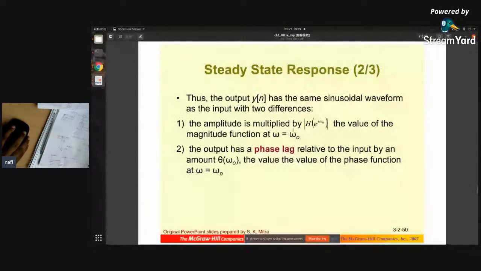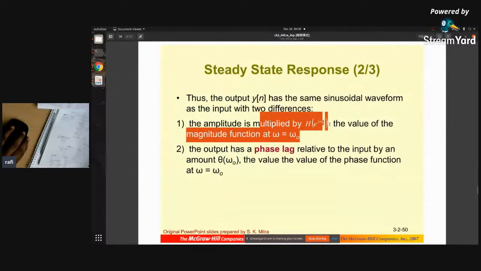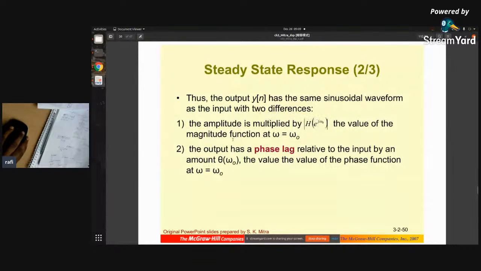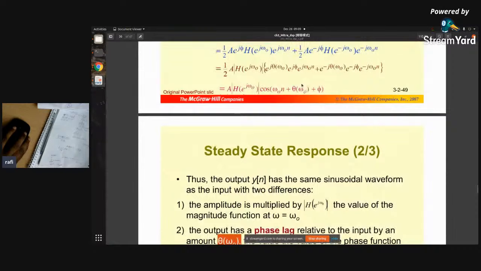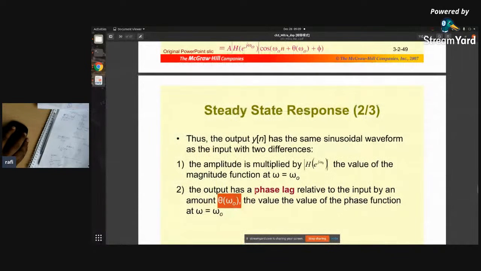So y of n has the same sinusoidal waveform. The amplitude will get multiplied with mod h of j omega at omega equal to omega naught, for a particular omega naught, and it has a phase lag relative to the input by theta of omega naught. So the input is cos of omega n plus phi only, but in the output some other theta of omega naught is getting added. That we call the phase lag.